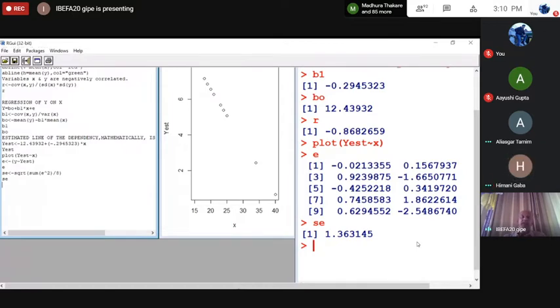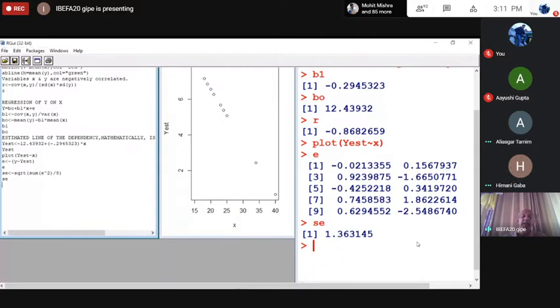I am also getting confused at one point. When we drew x and y points, we got a scatter plot. And then when we regressed that equation, we got a straight line. So how is it so? Earlier we were getting a scatter plot. The scatter plot will be different.